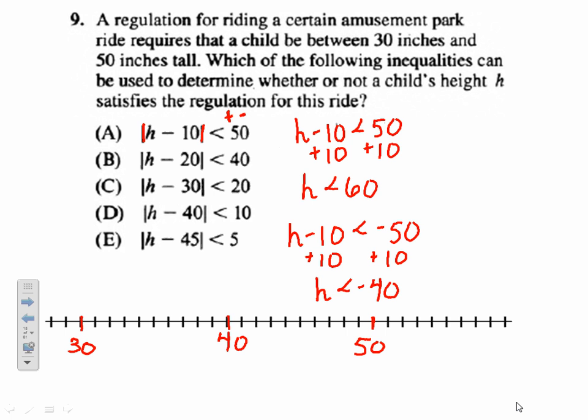So this does not accurately capture the span that we're looking for, which is between 30 and 50, because this is between, well, it's actually, yeah, it'd be between negative 40 and 60, because this, sorry, this should be flipped.